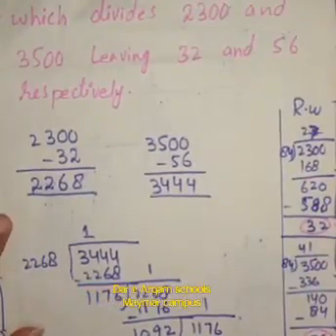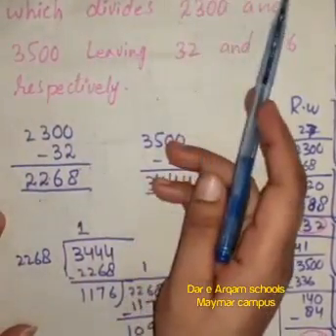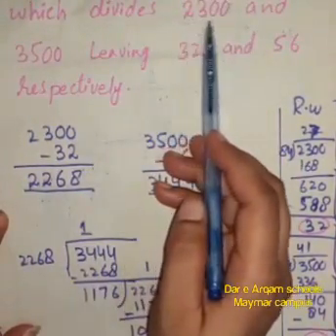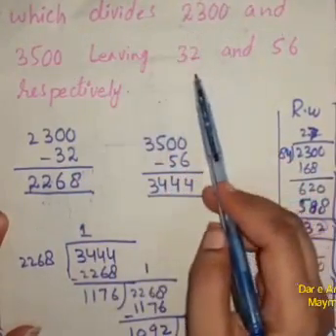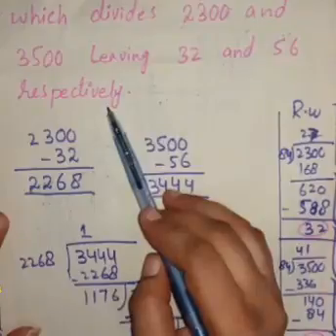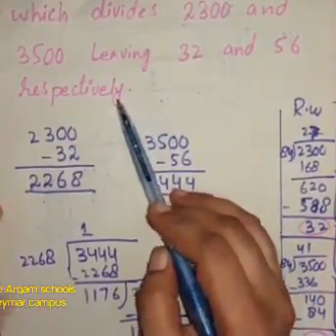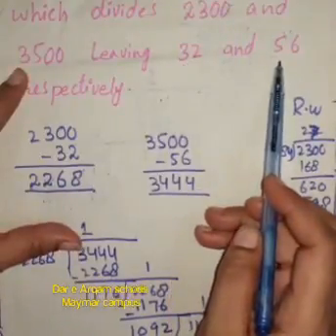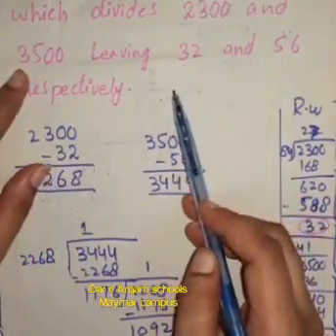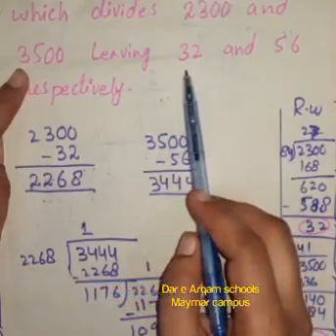Now students, move towards your question number 6, which is: find the greatest number which divides 2300 and 3500, leaving 32 and 56 respectively. It means when we divide by this number, there must be remainders 32 and 56. So students, when there is a remainder, we cannot find our HCF directly.